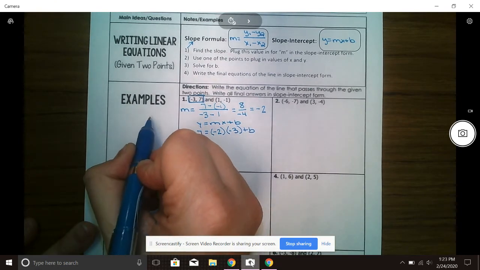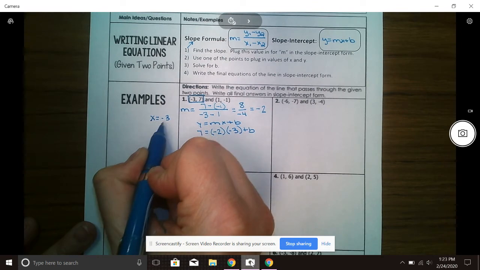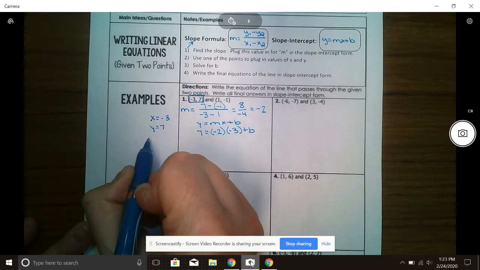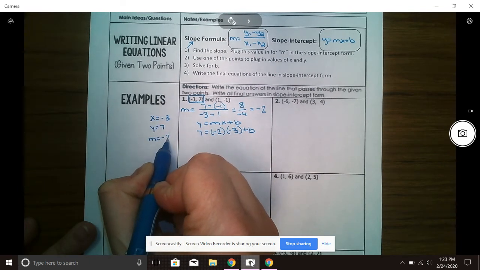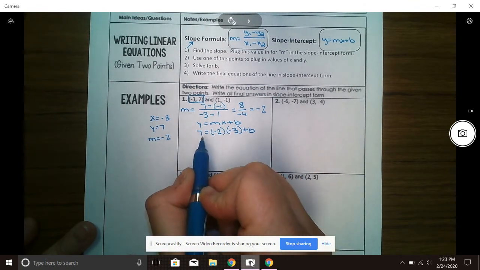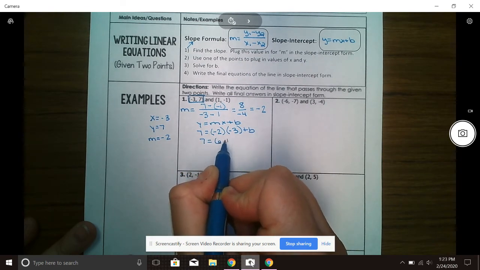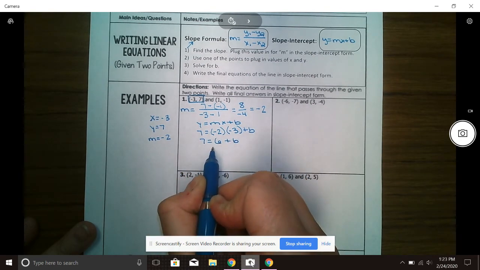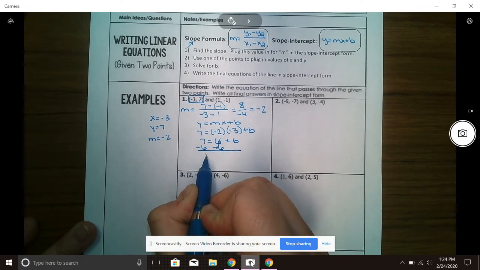If it helps you to make a list of all the variables, feel free to do that so that you know what you're plugging into which spot in the equation. Negative 2 times negative 3 is 6.